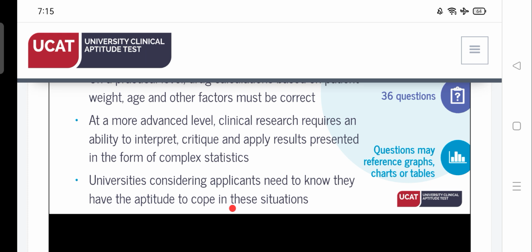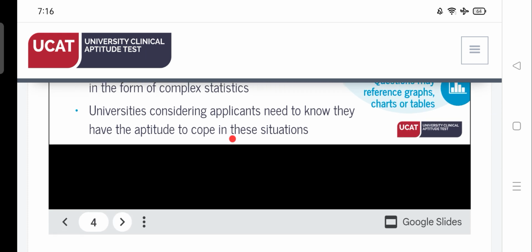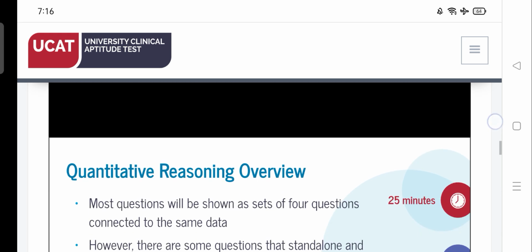So that's why clinicians, doctors, and scientists have to be prepared for this section, to solve these questions, how they're going to use the data and how to solve a problem. Because universities consider how these applicants cope with these types of uncertain situations.